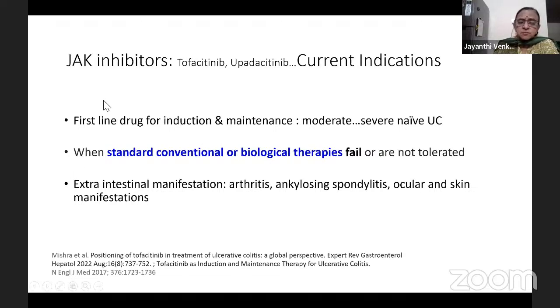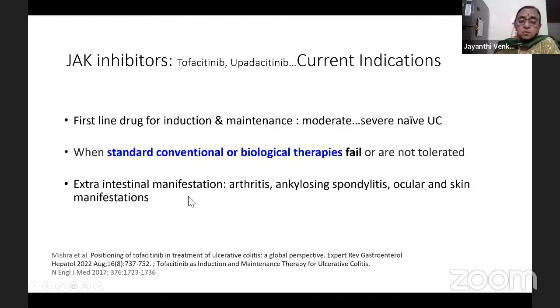So current indications for the JAK inhibitors are both for induction and maintenance of moderate to severe naive ulcerative colitis. Currently, we are using it when standard conventional or biological therapies fail. But more recently, the drug is even being used upfront as the first drug of choice for managing these patients.